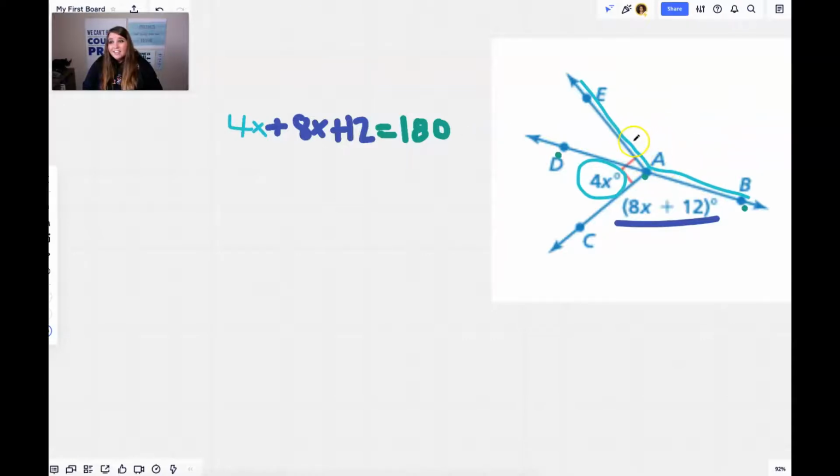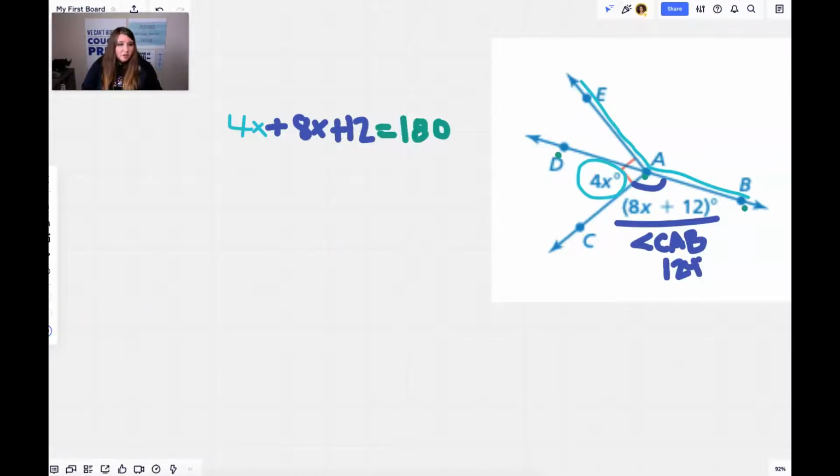So we found that this angle, CAB, is 124 degrees.